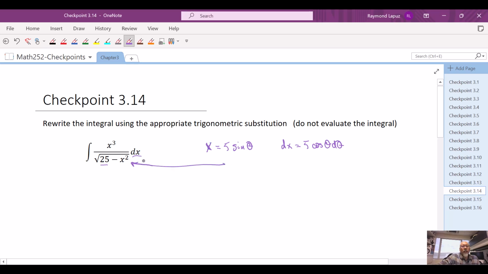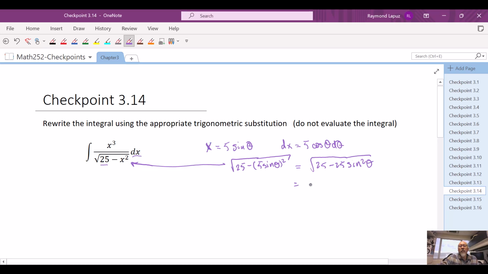Now the whole point in doing this is that this square root term will become 25 minus parentheses 5 sine theta. That's the x value that we're putting in, and we're going to square it. And this will have a factor of 25 in there. And we have 25 minus 25 sine squared theta.